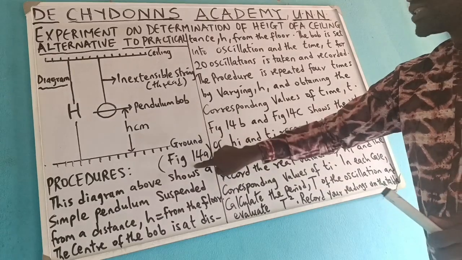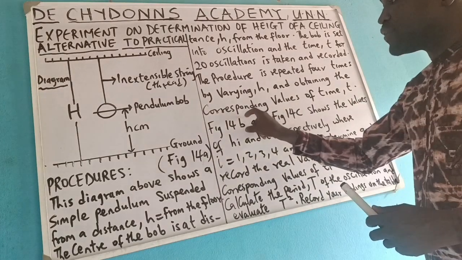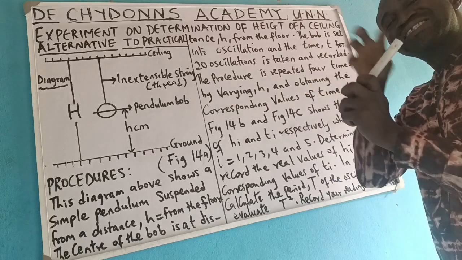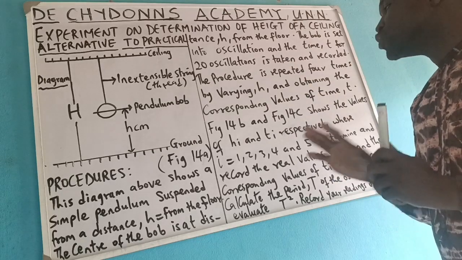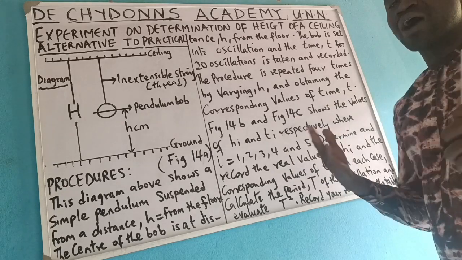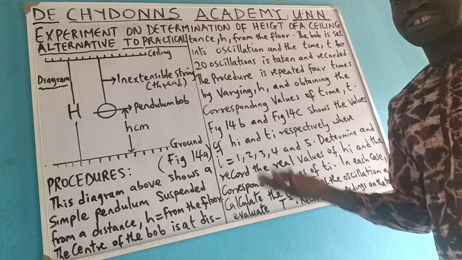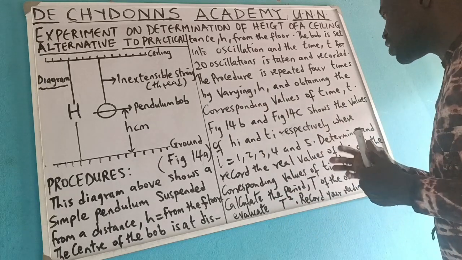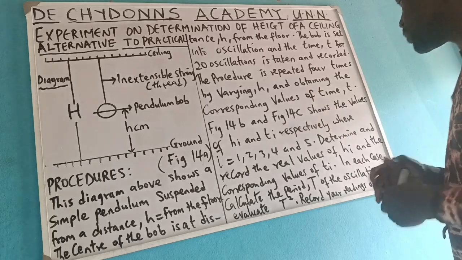This is Fig 14a. Now, when we see Fig 14b, we will see their results. They want us to extrapolate the results using the scale that will be given to us. And this is how this experiment can be run in GCE exams and other secondary school exams, so to speak.